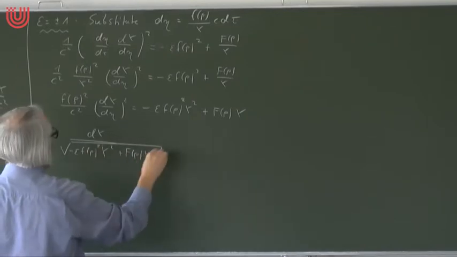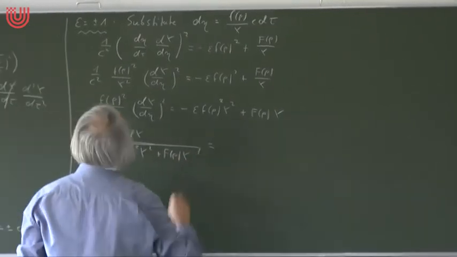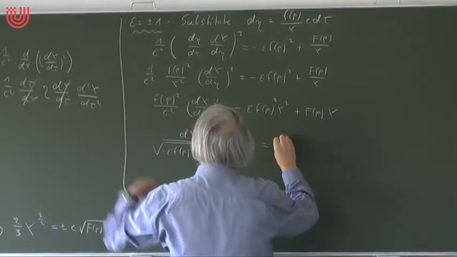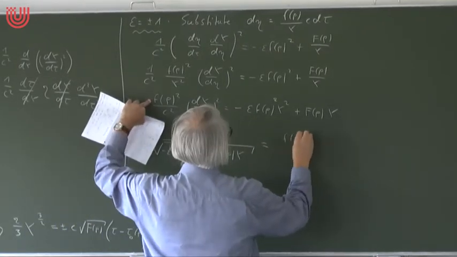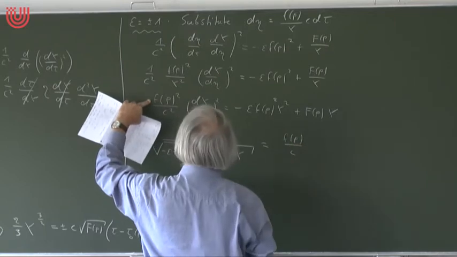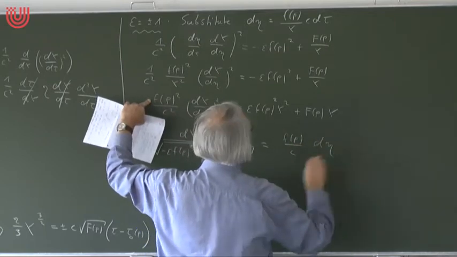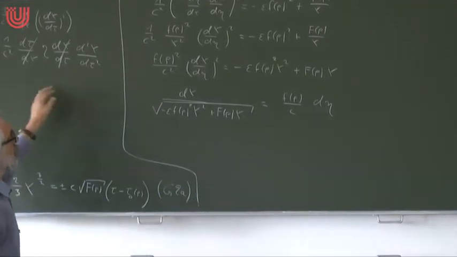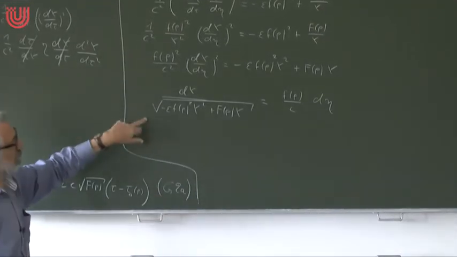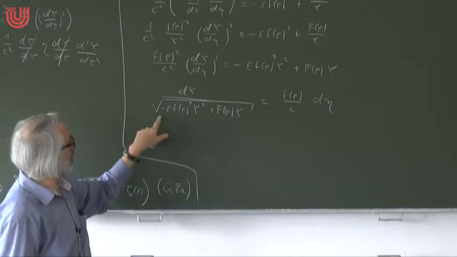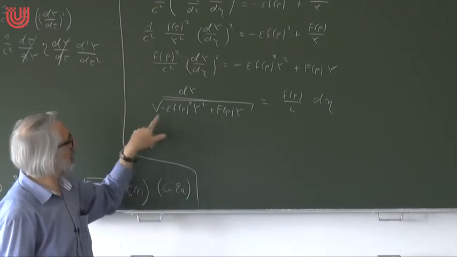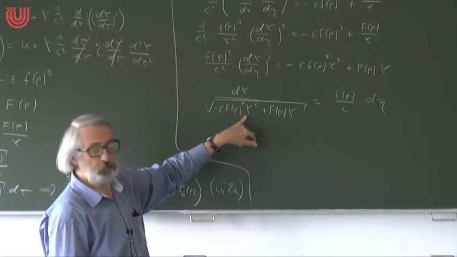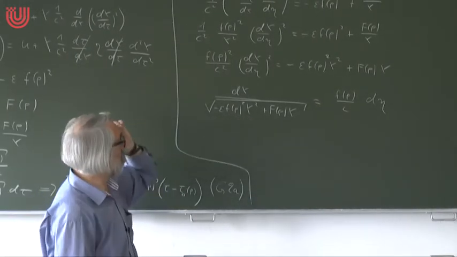F of rho times y. And on the right hand side I have the eta. Square root of this is f of rho divided by c d eta. And that's an integral you can look up in a table, right? It's a second order polynomial under the root, so that's an elementary integral. Yeah, if it were third or fourth order, it would be an elliptic integral, but that's elementary.